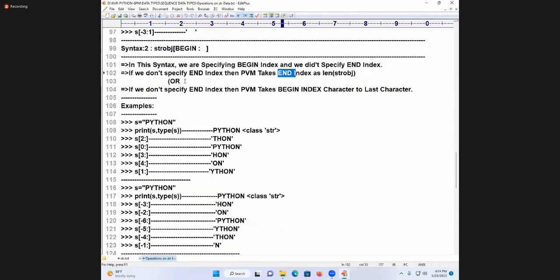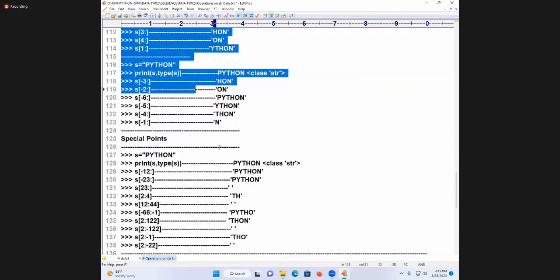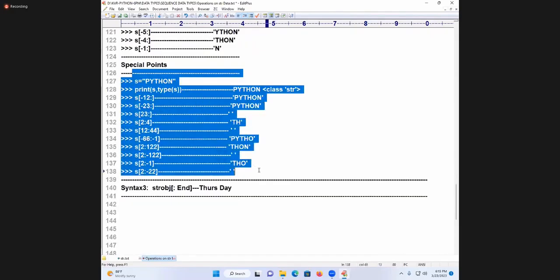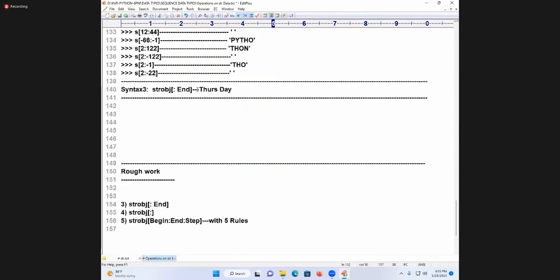Or otherwise, there is another way to say it, students. If we don't specify the end index, then PVM takes from the begin index character to the last character. Based on that, we have seen a lot of examples in the last class. Some special points also we discussed in the last session. Okay. Now Thursday has come. Now we are entering this area.